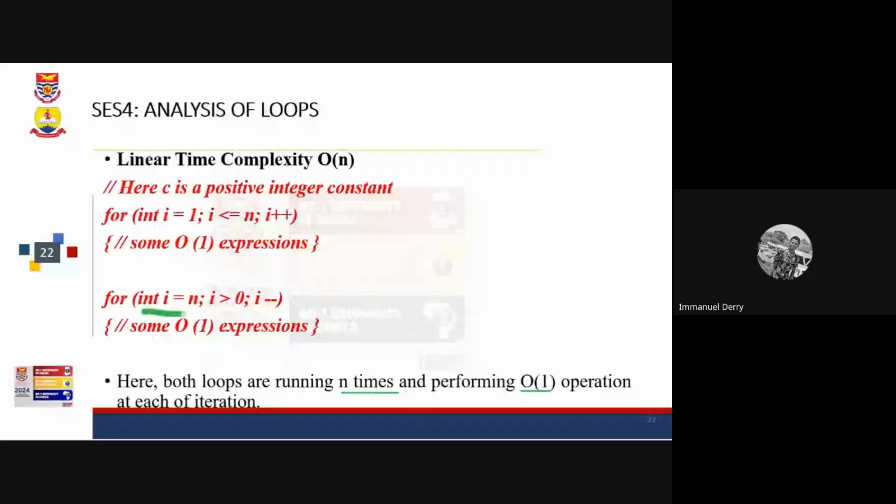Int i is equal to n, i greater than zero, and i minus minus. So earlier on in the previous one, we said i is equal to 1, right? Yes, sir. And then we are saying int i is equal to n.